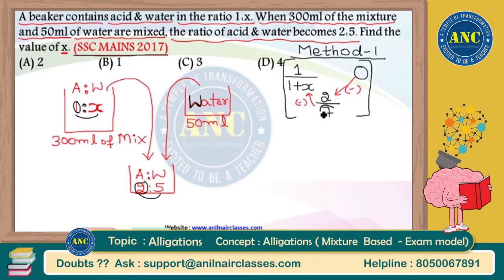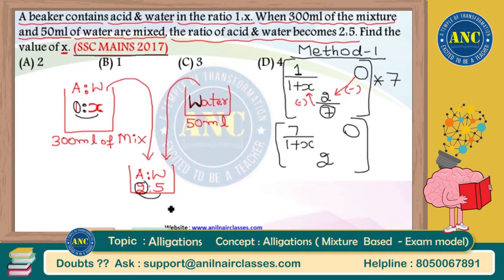I have denominator 7, I have denominator 1 plus x, so multiply by 7 into 1 plus x, or at least to some extent multiply by 7. If I multiply by 7, 1 divided by 1 plus x into 7 is 7 divided by 1 plus x, 0 into 7 is 0, 2 by 7 into 7 is 2. To some extent you have eliminated the fraction. There is only one fractional term here.